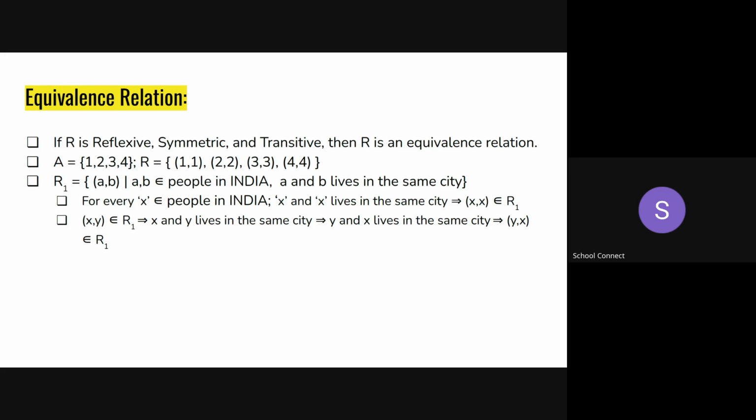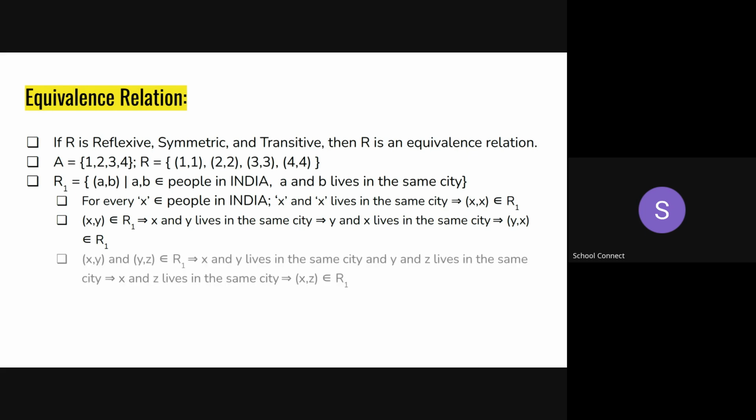For symmetry, if x comma y is in R1, that implies x and y live in the same city, which is more or less the same as saying y and x live in the same city. So y comma x will also be in R1. Therefore, this is symmetric.